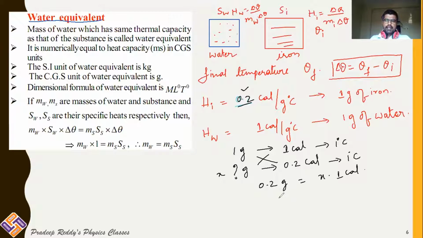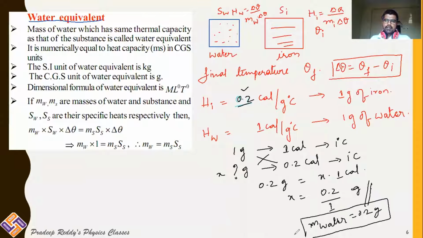Therefore, I can simply write x is equal to 0.2 divided by 1. This is gram. So how much mass of water is required? 0.2. That means the mass of water is equal to 0.2 gram, which is required to raise the temperature by 1 degree Celsius for a heat energy of 0.2 calorie.